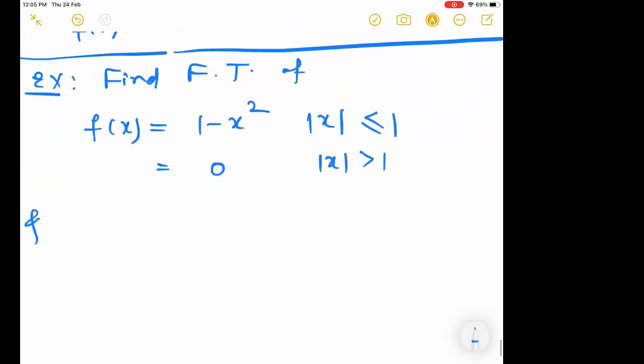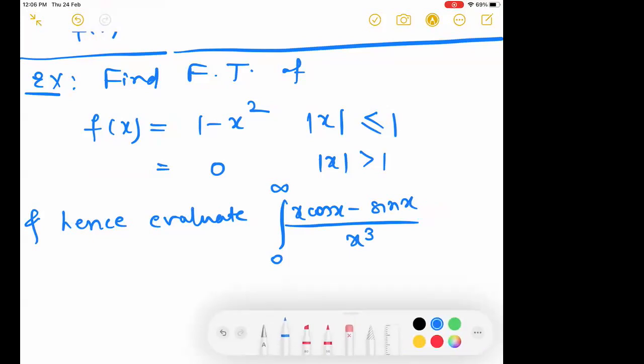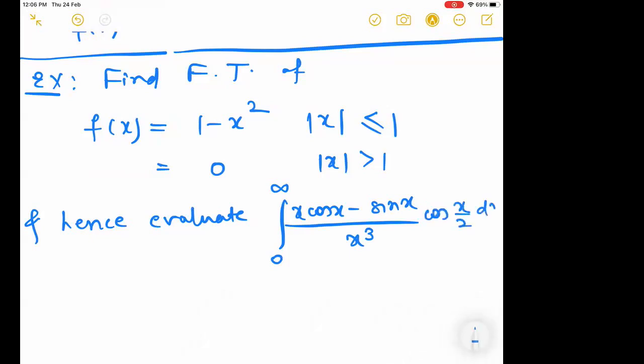And hence evaluate the integral from 0 to infinity of (x cos x minus sin x) divided by x cube, into cos(x/2) dx. Evaluate the answer for this integral.